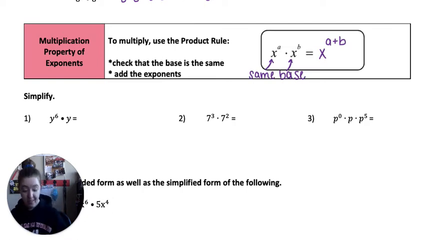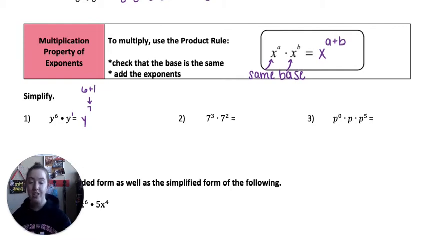Over here we have y to the sixth times y. Now, y without an exponent there really means y to the first. So if we have y 6 times another y, that means I'm going to have y 7 times. And I know that's going to be to the 7th because I'm going to add my exponents 6 and 1.